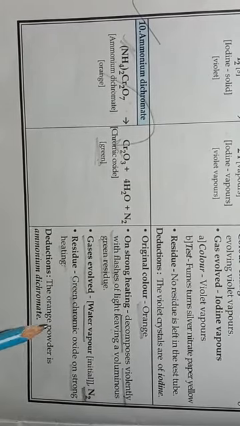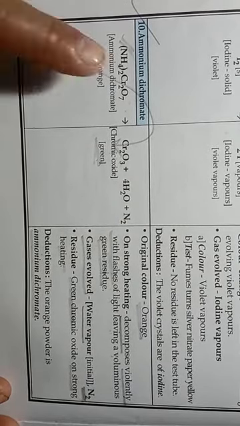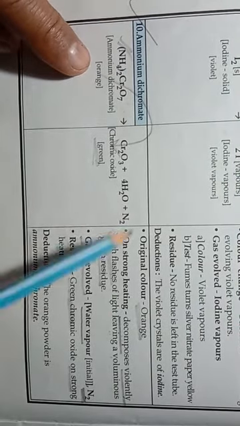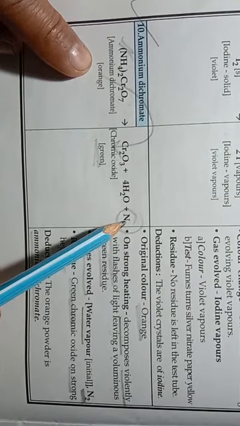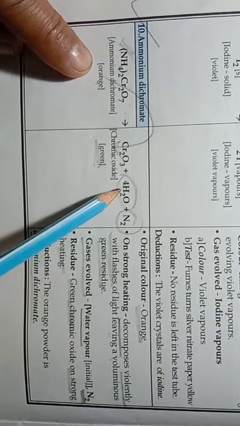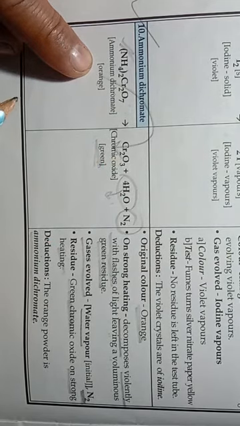Conclusion: the orange powder is ammonium dichromate. So here, an orange powder on heating forms a neutral gas with a neutral vapor, turning into a neutral liquid and a green colored solid.